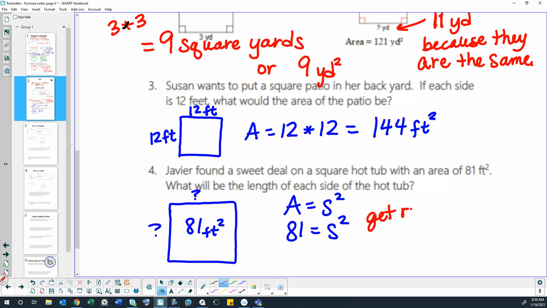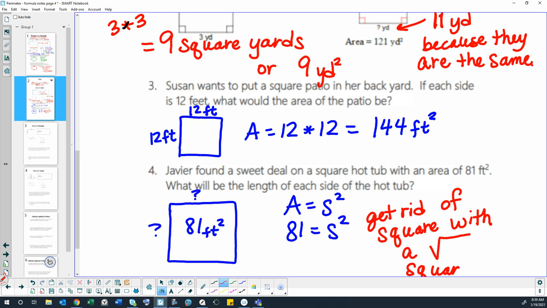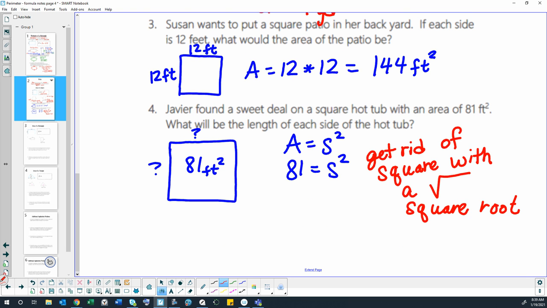Get rid of a square with a square root. So the same algebra rules we always use apply. What we do to one side, we do to the other side. So we're going to square root both sides of our equation.